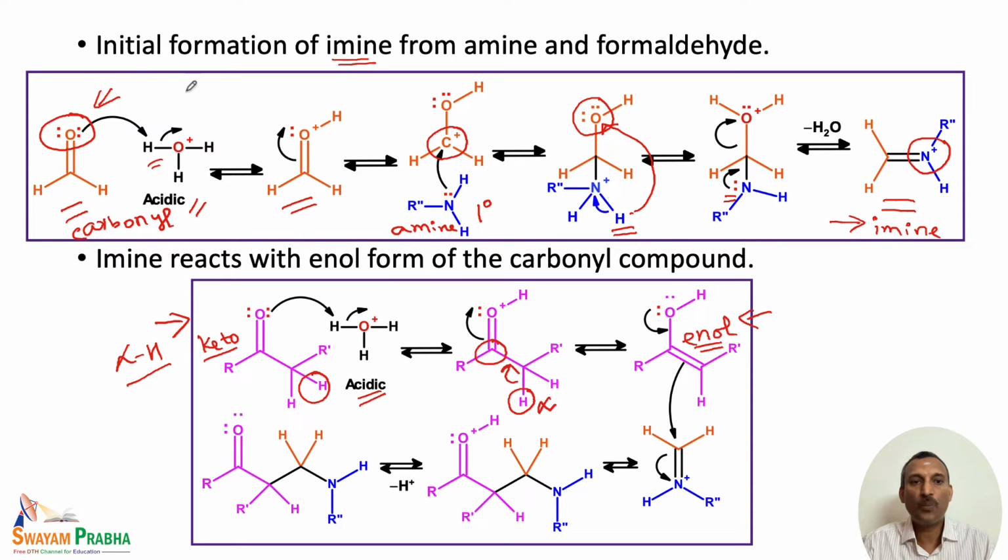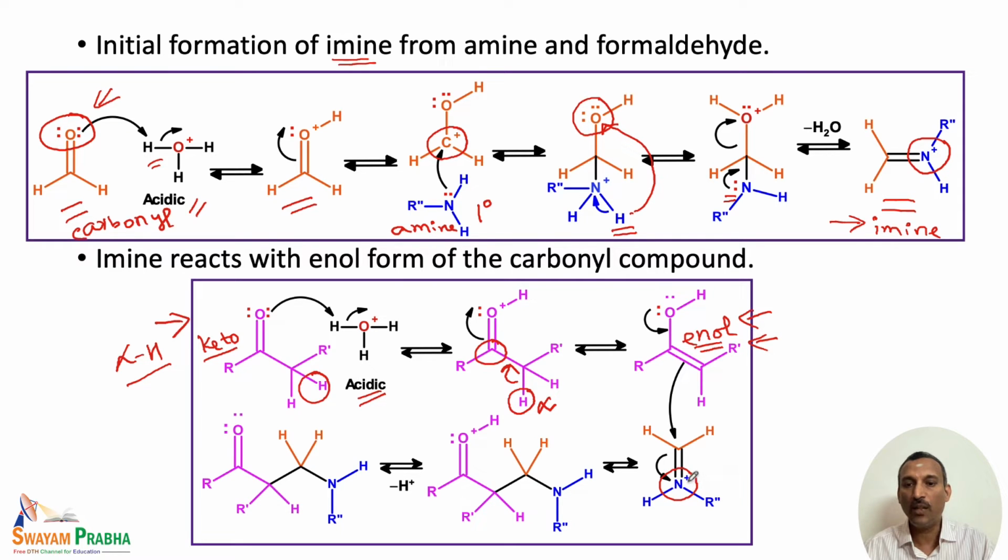So these are the two substrates. One substrate leads to the formation of the iminium, the second substrate leads to the formation of enol. Now we have two intermediates in this reaction, one is an iminium, another one is an enol. So the reaction now happens between the enol and the iminium.